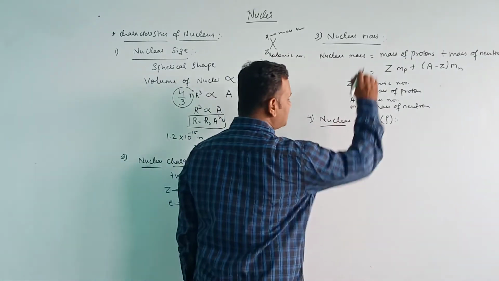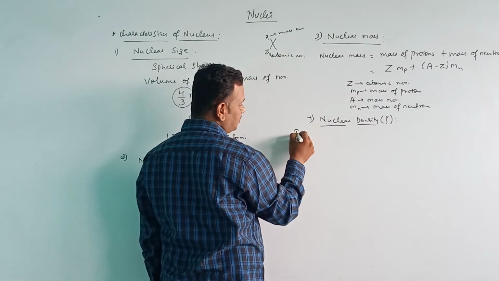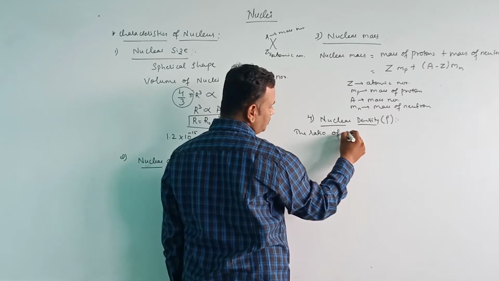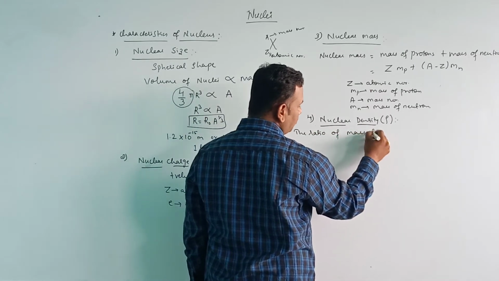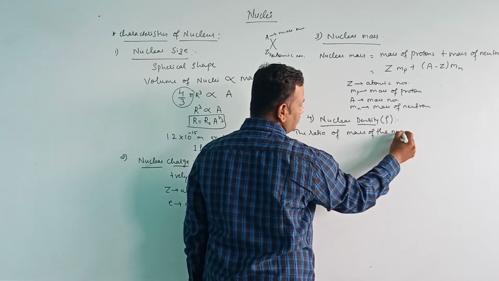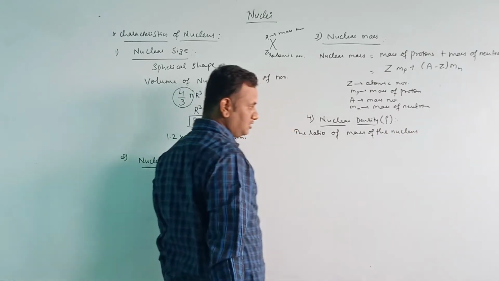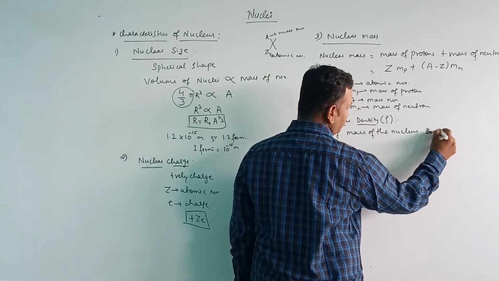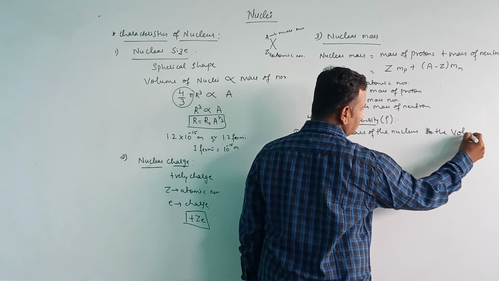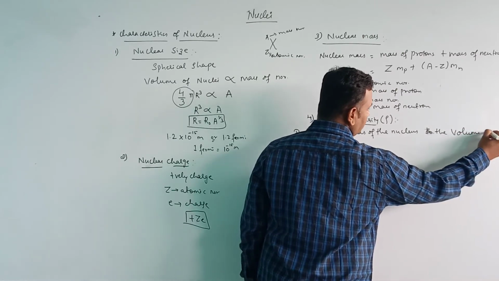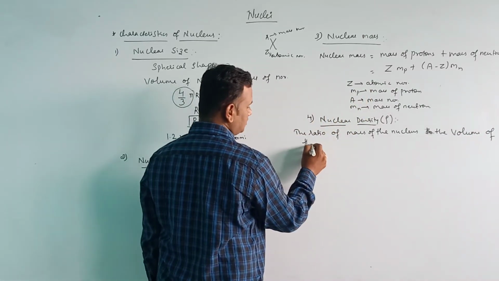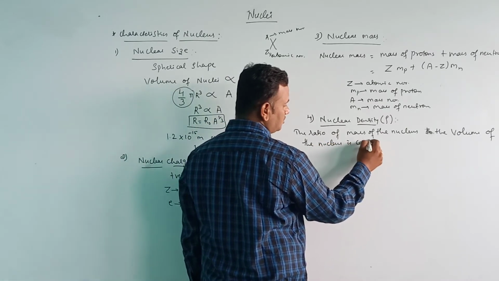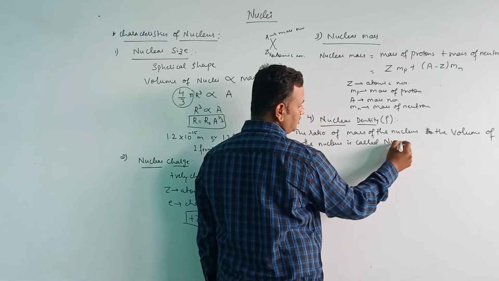Nuclear density is the ratio of the mass of the nucleus to the volume of the nucleus.